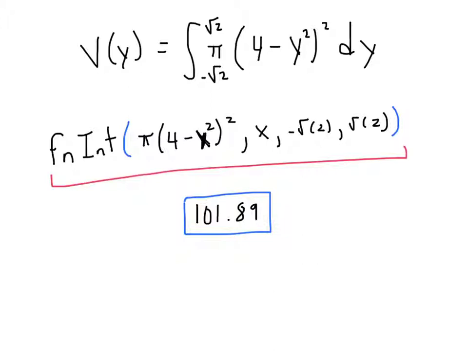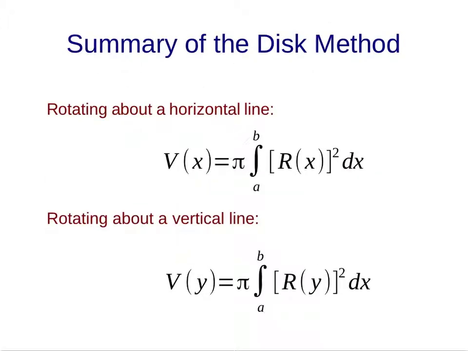Now, as I close this little spiel here, I'm going to just summarize what we've discussed, and then we'll have you work on some problems. So here's the summary of the disk method that I promised. If you're going around a horizontal line, which means you're rotating this way, this is the formula you're going to use.